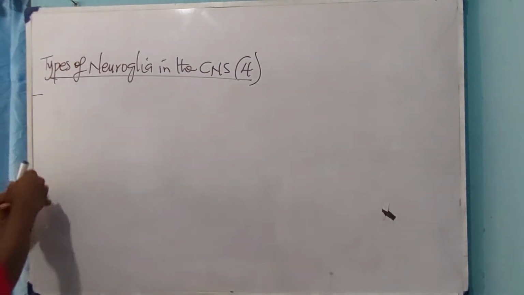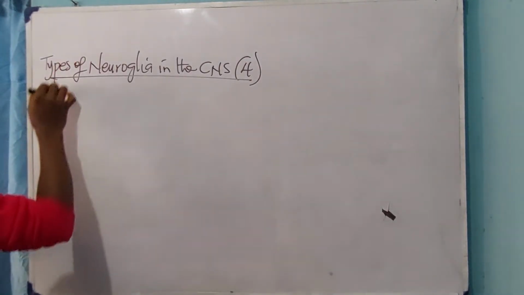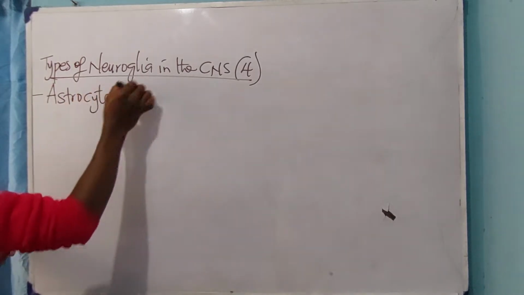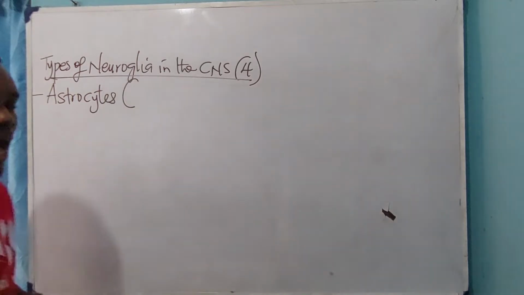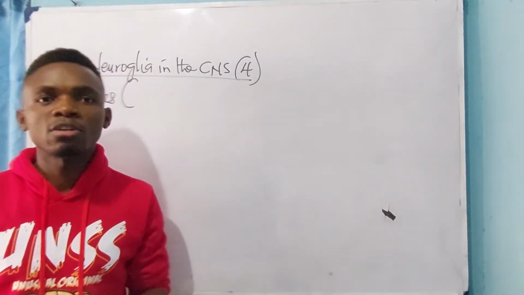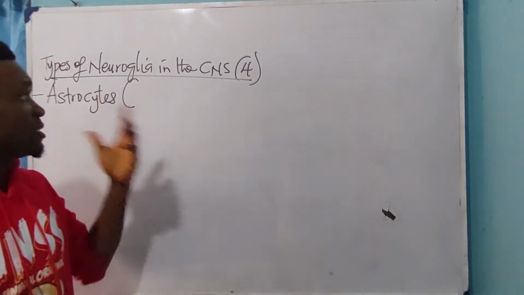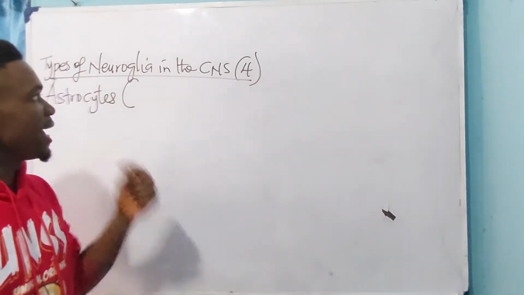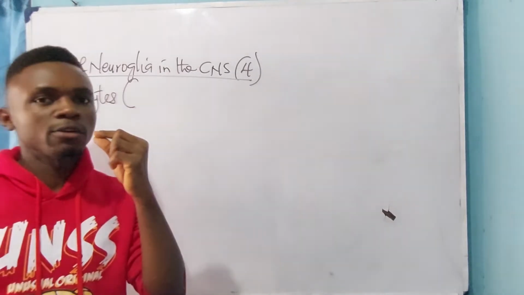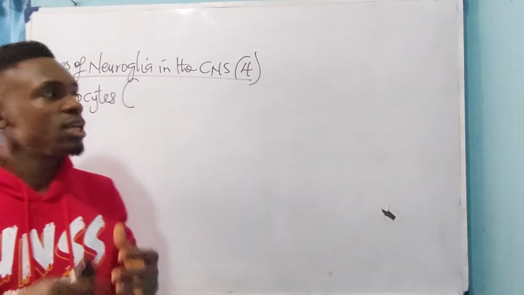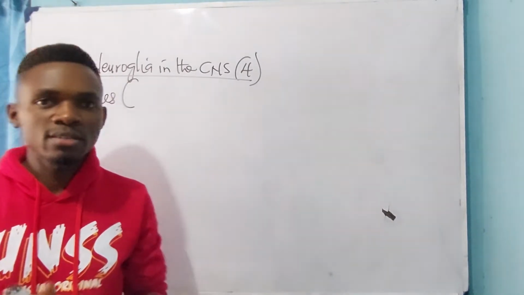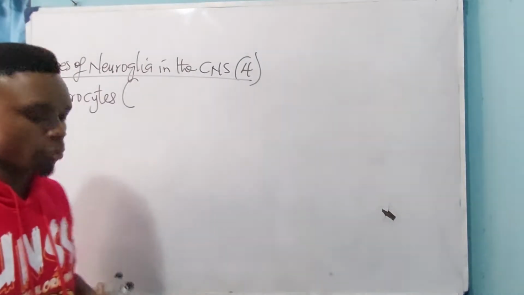Number one is the astrocytes. The astrocytes are the most abundant and versatile cell in the central nervous system, and they have the shape of what?